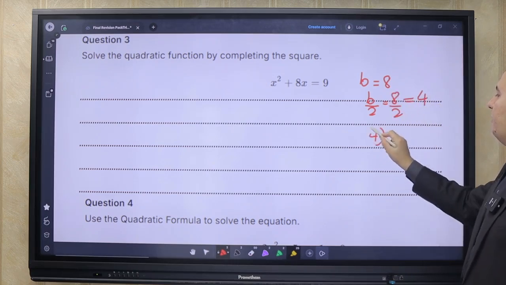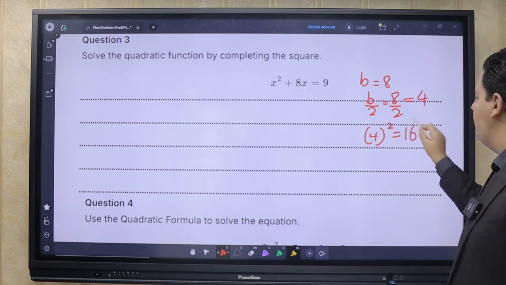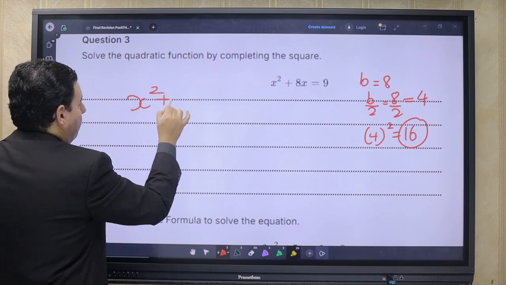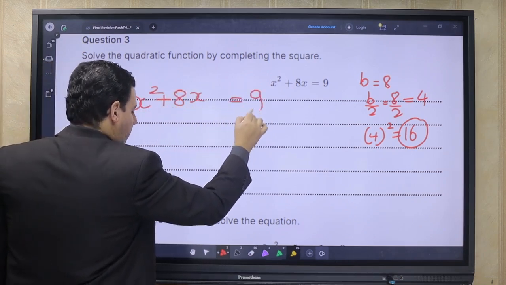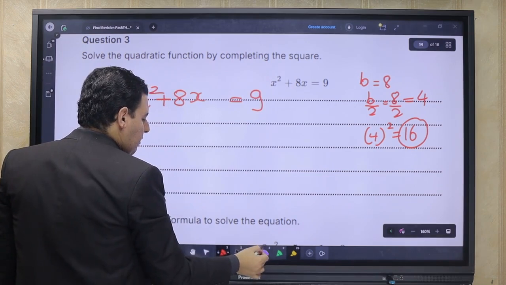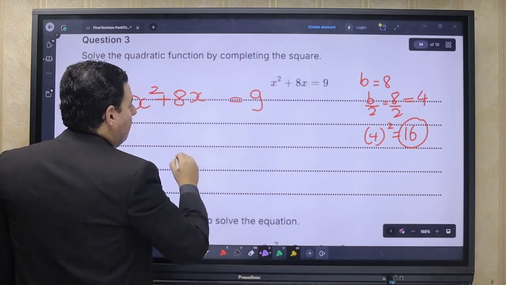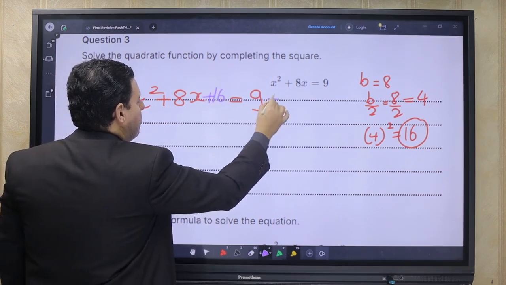And 4 squared equals 16. These 16 we will add left and right. So we write x squared plus 8x plus 9 plus 16 left, plus 16 right.